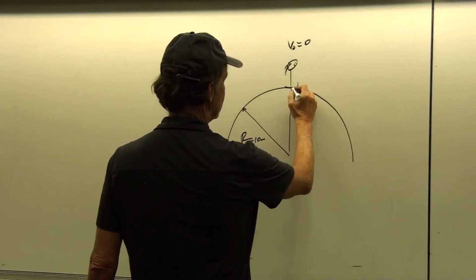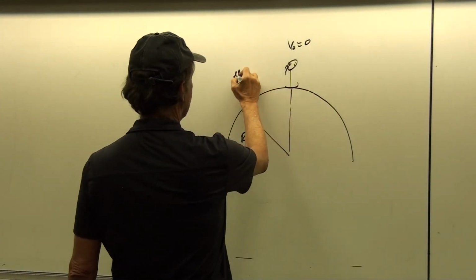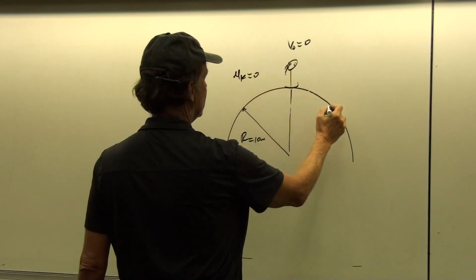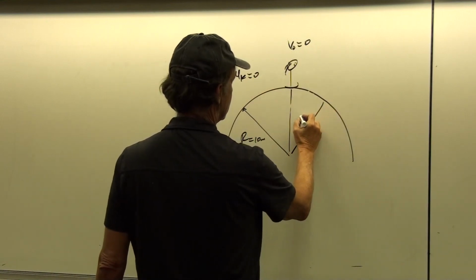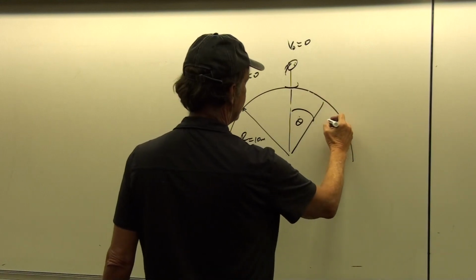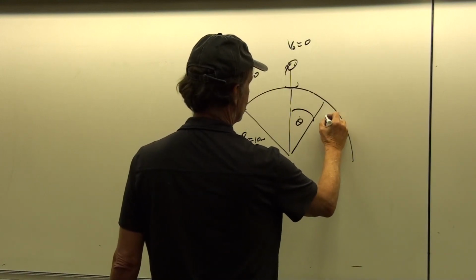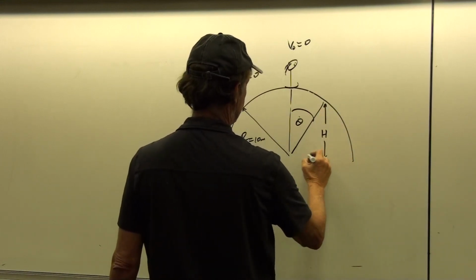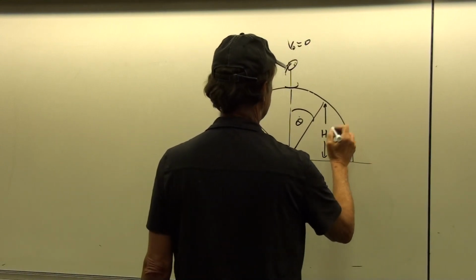And as she starts to move with mu k equals 0, let's find the height above the ground where she leaves the circular hemisphere.